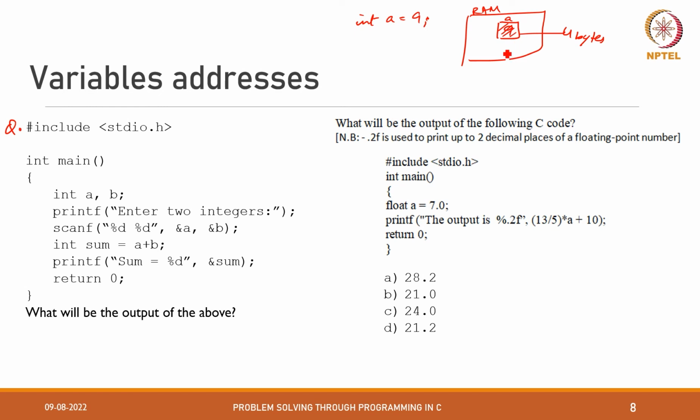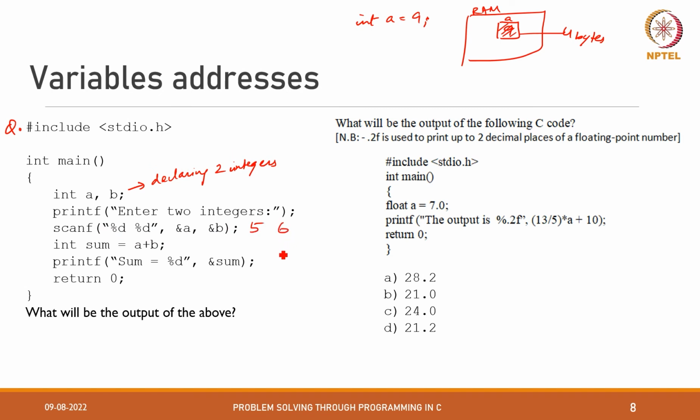Okay, now keeping that in mind, let us solve the first question. So we are declaring two integers. And we are taking the value from the user using the scanf statement, which is defined in stdio.h, and say we are inputting 5 and 6 as the input.